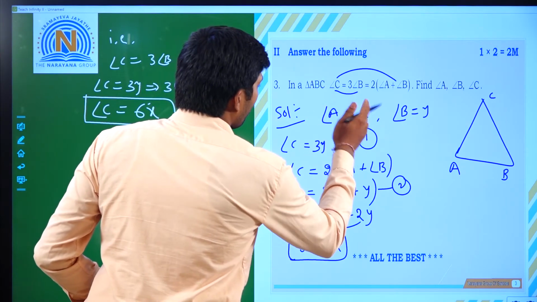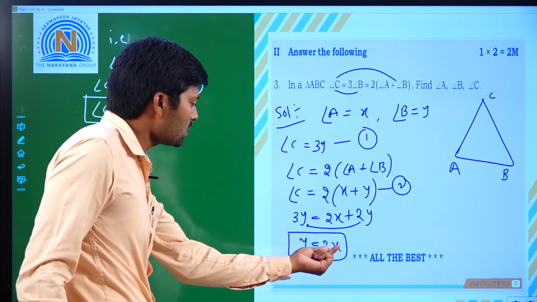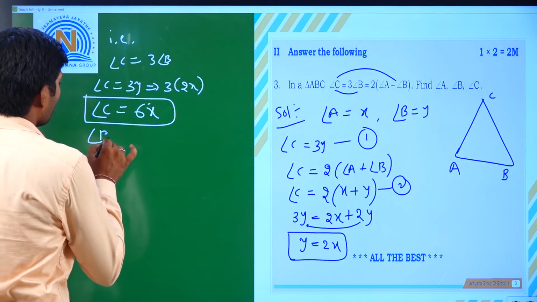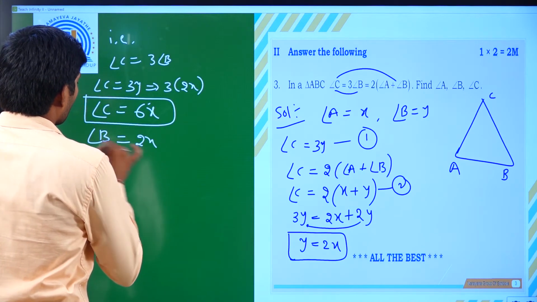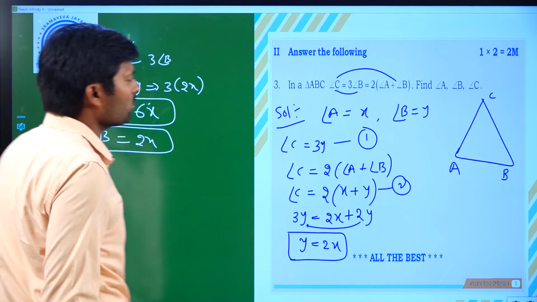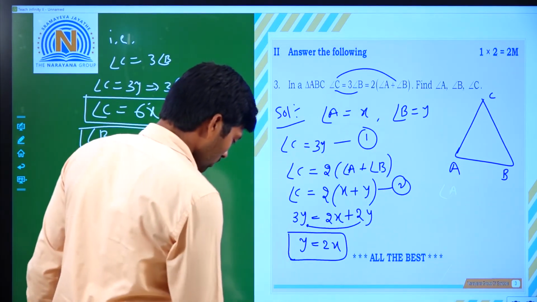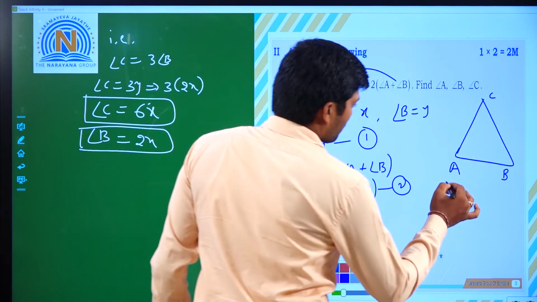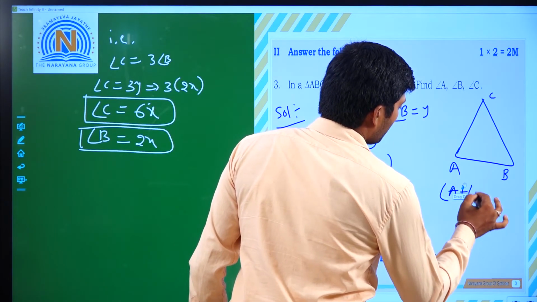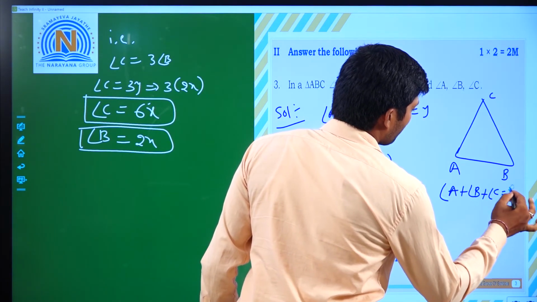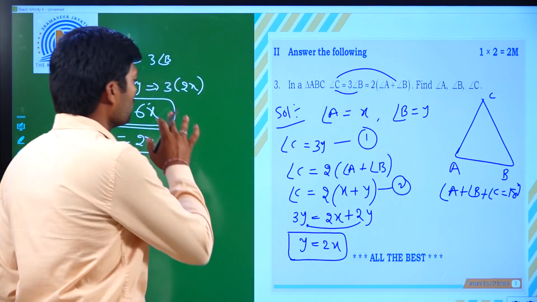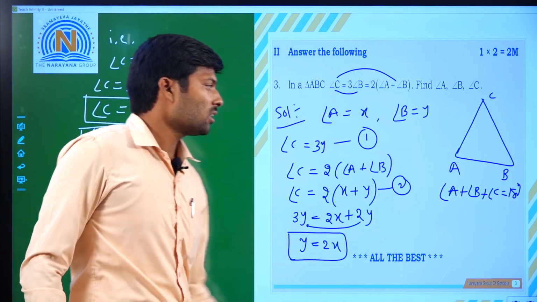Angle A is equal to x. Angle B is equal to 2x. Now from the angle sum property of a triangle, angle A plus angle B plus angle C is equal to 180. So just replace all the A, B, C values in this formula.